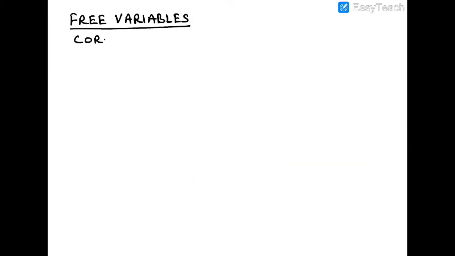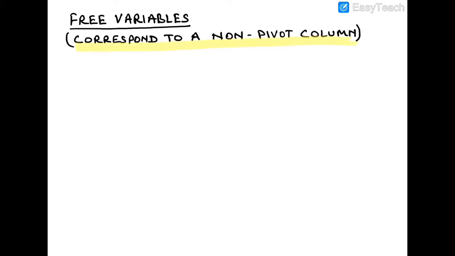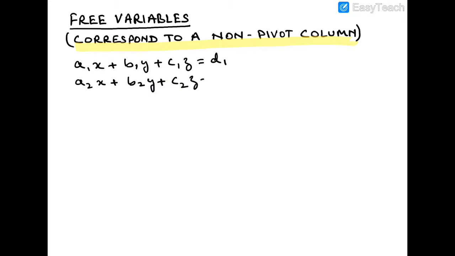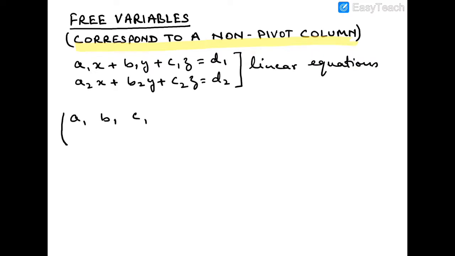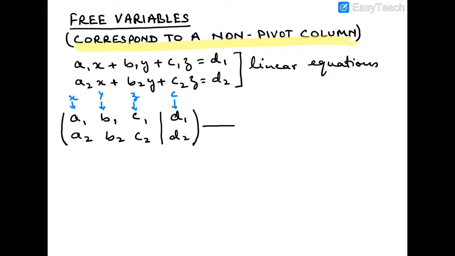Now let's talk about the free variable. So a free variable corresponds to a non-pivot column. So if a1x plus b1y plus c1z equals d1, and a2x plus b2y plus c2z equals d2 are two linear equations, then they can be written in augmented form as a1 b1 c1 d1 and a2 b2 c2 d2, and x, y, z and d correspond to columns 1, 2, 3 and 4 respectively.